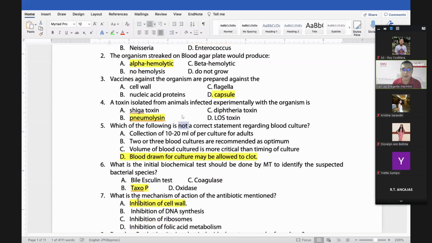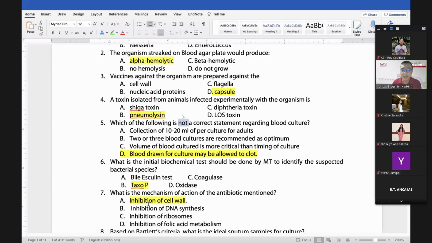So review. What is the initial biochemical test that should be done by a medical technologist to identify the suspected species? Since you already know alpha hemolytic siya, class, the very best answer for this is your Taxo-P. Okay? Bile esculin is commonly used for beta hemolytic organism.